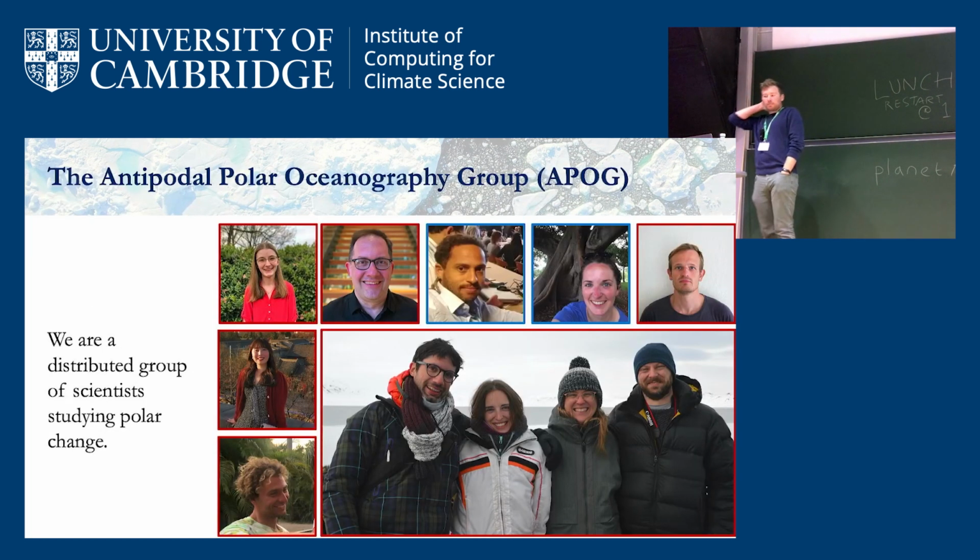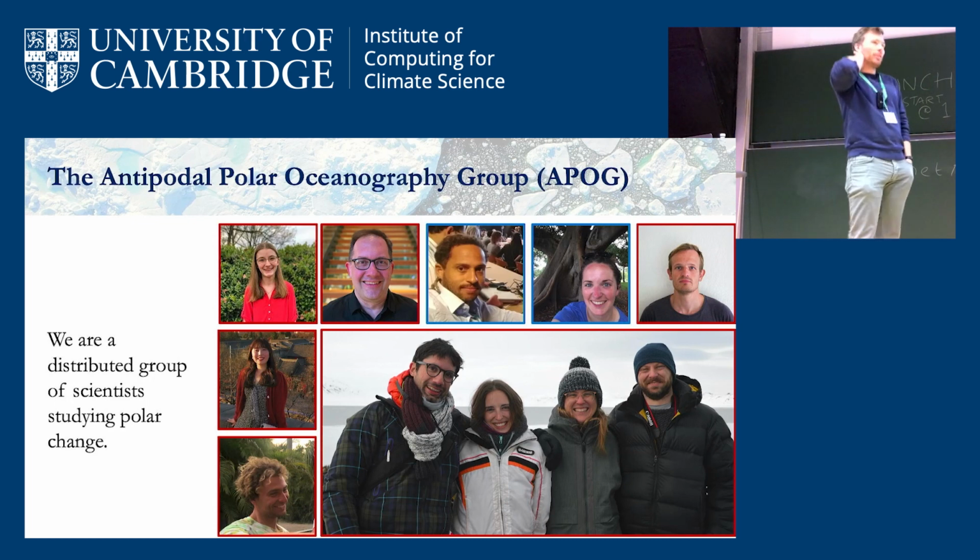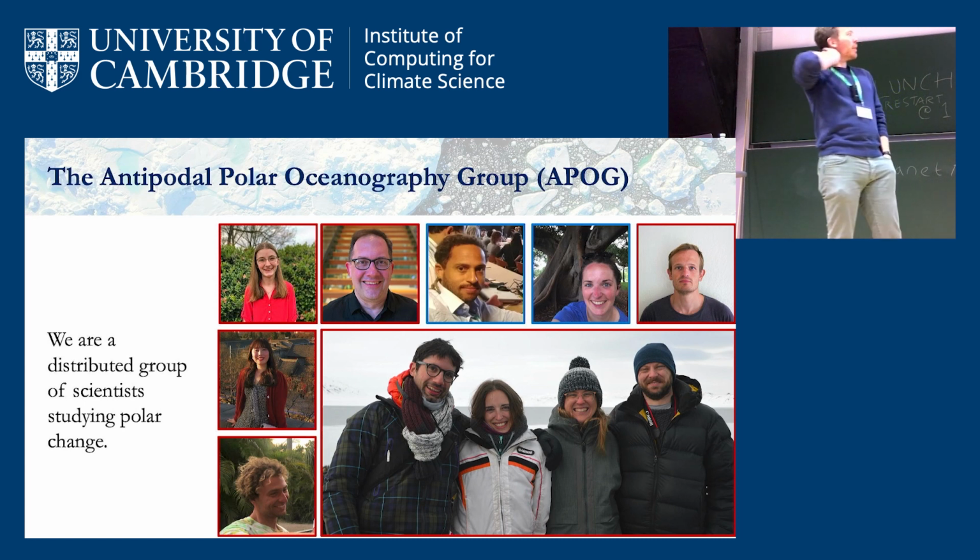So that's most of us in what we call now the antipodal polar oceanography group. Now that I've moved to Auckland, we cross the hemispheres. It used to be the polar oceanography group at Brown. Now we're in both places. So we've started to build out a team in Auckland. So we have a couple postdocs that'll be joining us here in Cambridge, and then a series of other postdocs, graduate students, undergraduate researchers.